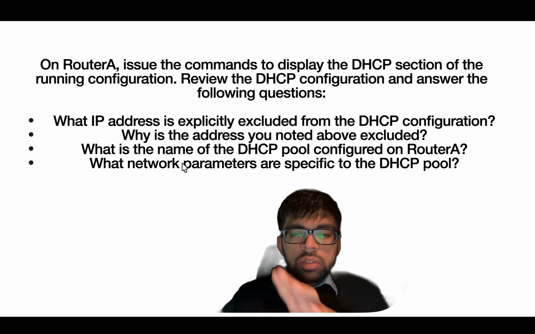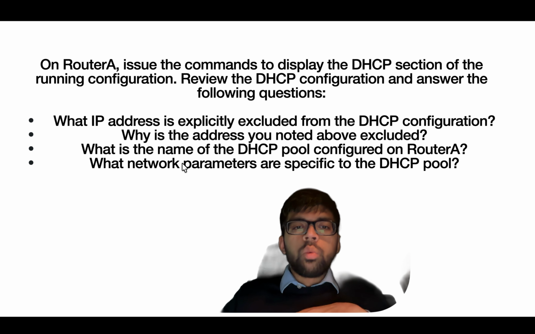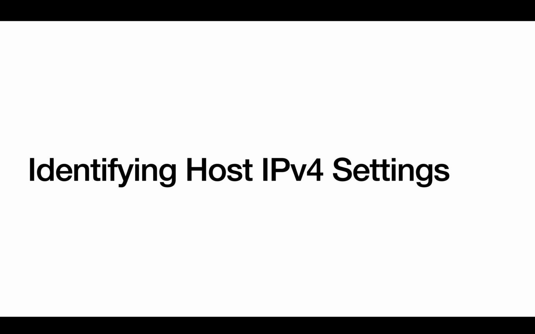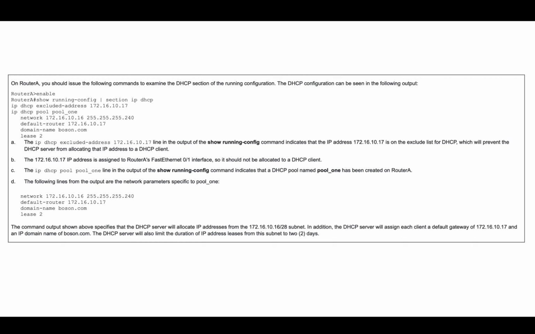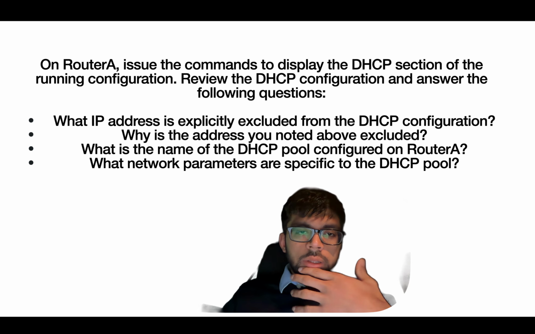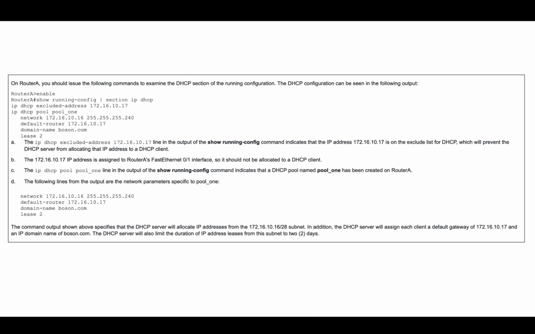What is the name of the DHCP pool configured on router A? What network parameters are specific to the DHCP pool? Those are the things we'd be looking at. What happens now is on router A, we issue show running-config | section ip dhcp. That shows just the DHCP part of the configuration.